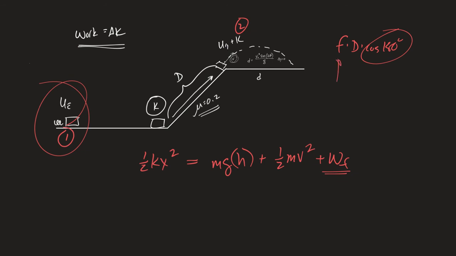You do, though, have to figure out what the frictional force is. And by this time of the year, although you don't have it memorized, I would really like you to be moving to a place where you have got this memorized. Friction is mu times the normal force. Now on a ramp, the normal force is mg cosine theta.